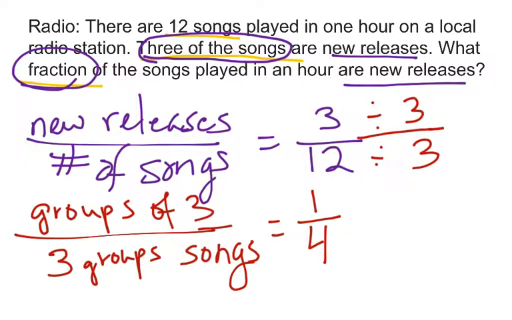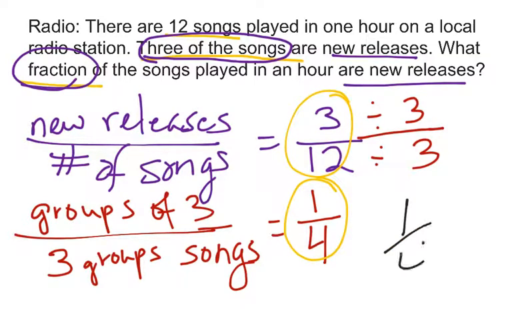So the fractions 3/12 and 1/4 are equivalent because they have the same part-to-whole relationship. So the fraction of the songs played in an hour that are new releases is 1/4. So I hope that helps you.